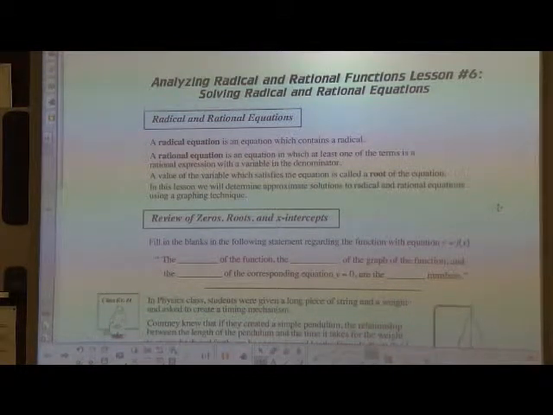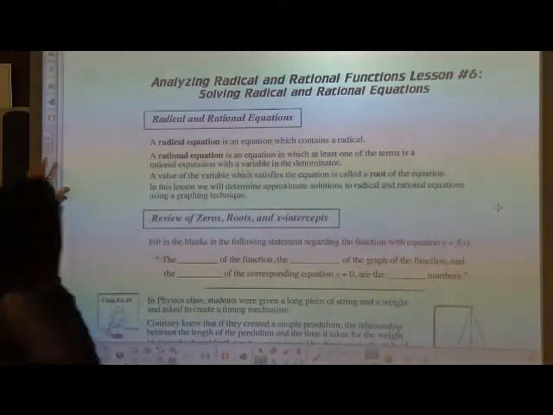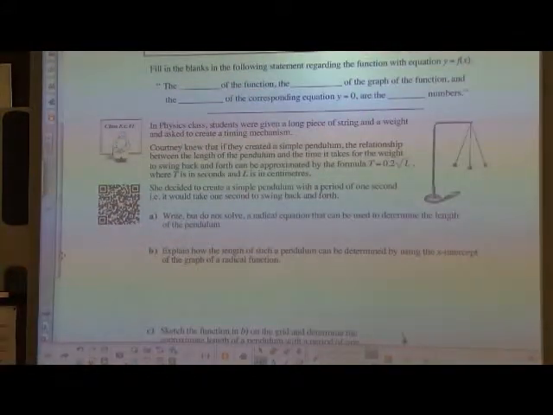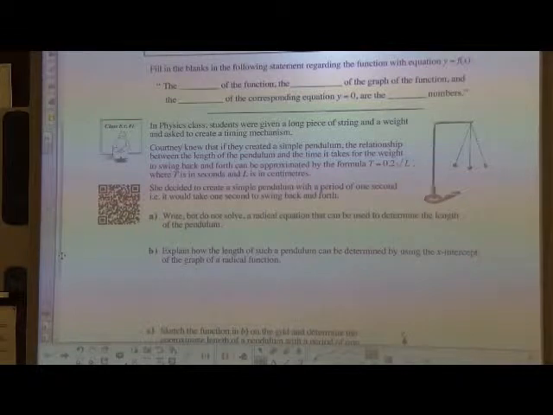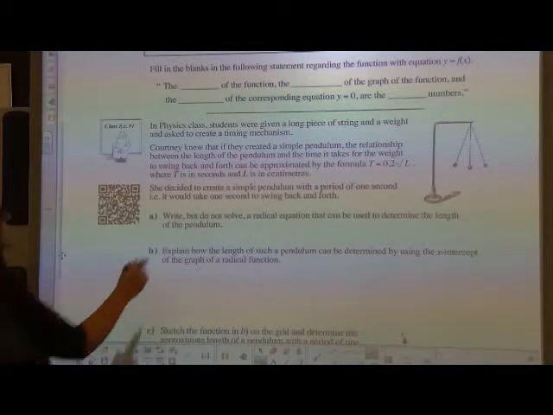So if we fill in the blanks, this is kind of a review. We did this with polynomials as well. The blank of the function, the blank of the graph, and the blank of the corresponding equation y equals 0 are the blank numbers. So what are my blanks? The zeros of the function.